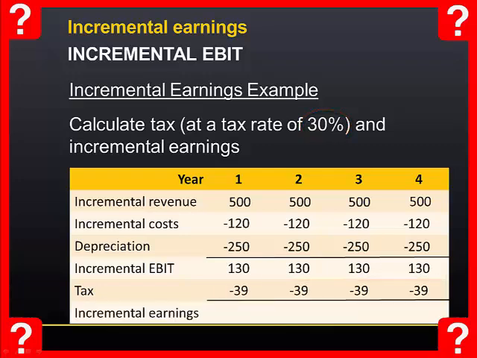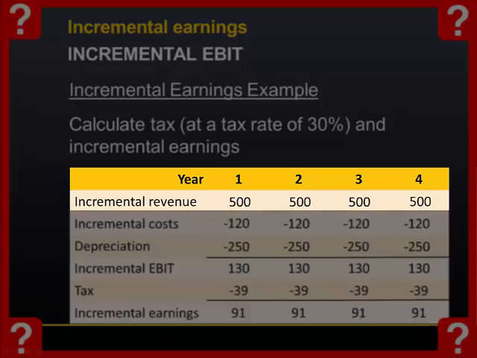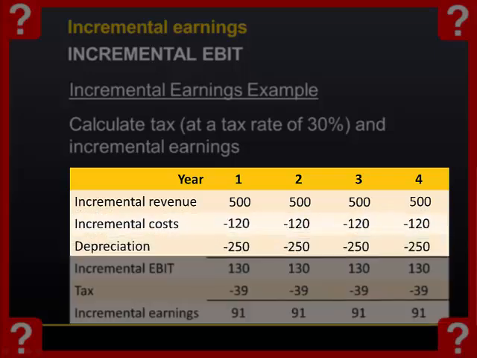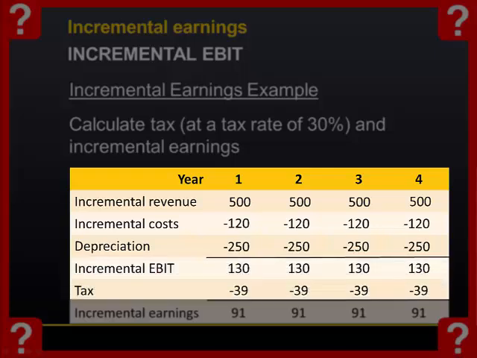We can now calculate incremental earnings by deducting tax from incremental EBIT, and we get incremental earnings of $91 per year. This structure is broadly similar to the profit and loss statement. Revenue minus expenses gives us EBIT, and then we subtract tax to give us incremental earnings.